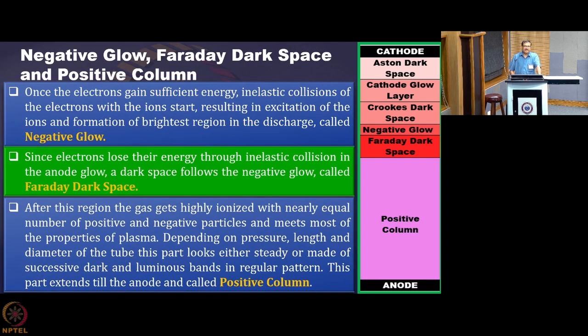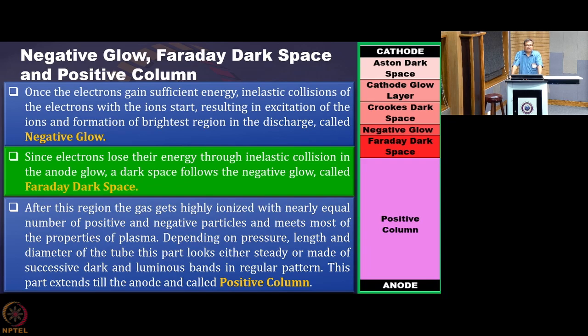After that, once the electrons gain sufficient energy because they are getting accelerated towards the anode, inelastic collisions of the electrons start, and they result in the excitation of the atoms and the formation of the brightest region in the discharge, called the negative glow.